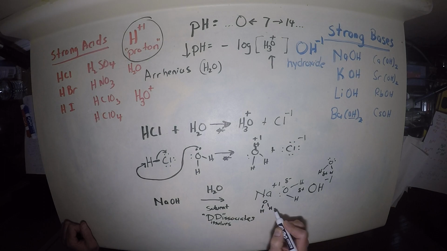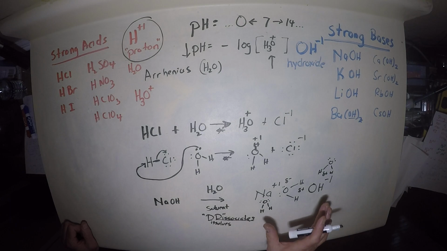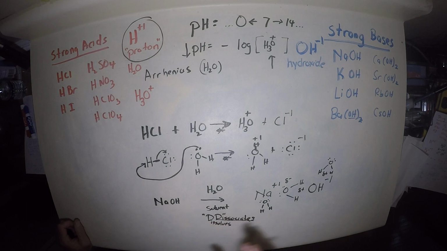If it weren't able to do that, then there would be no reason for the sodium hydroxide ionic compound to dissociate. Because as we know, energy controls all chemistry, so somehow what we have over here must be less energetic than what we started with, or else there would be no reason to go. And that is called solvation.